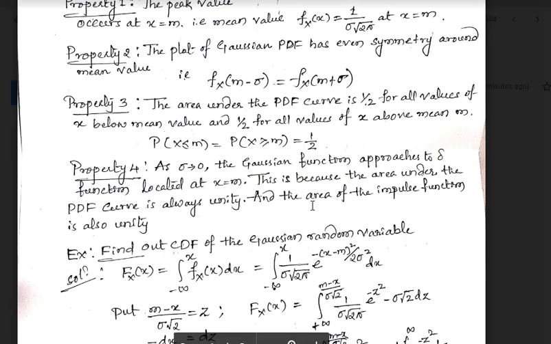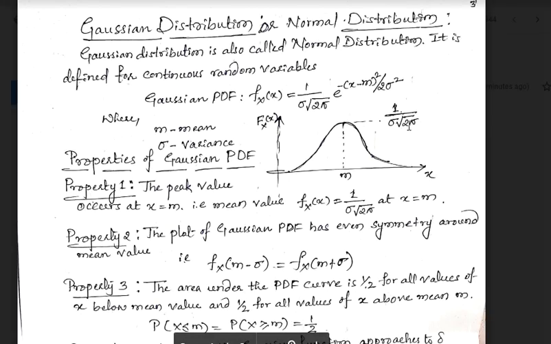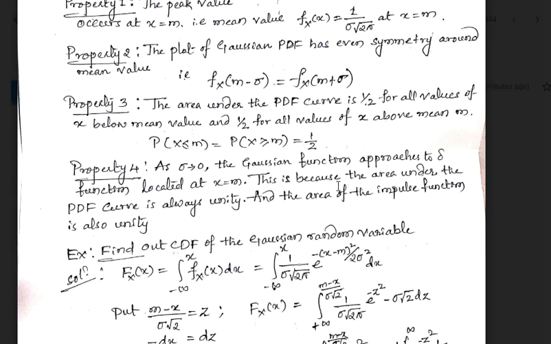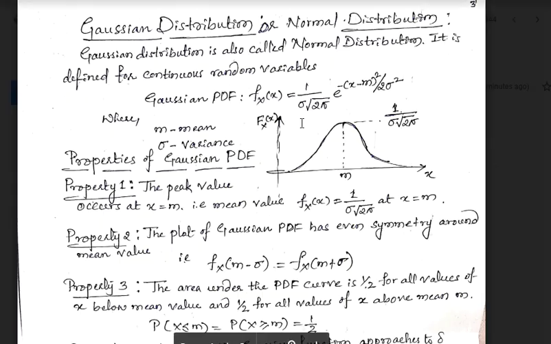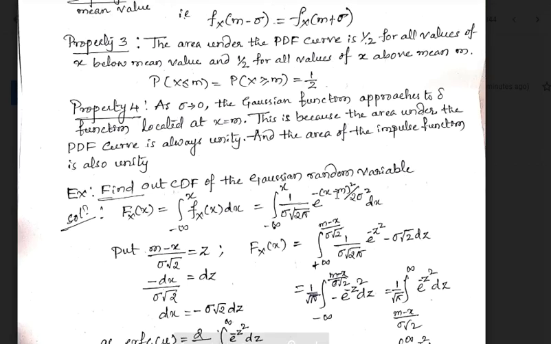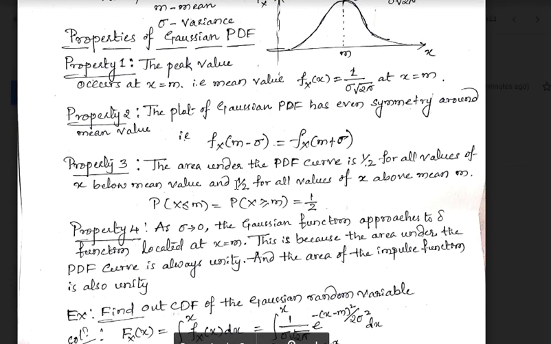So as del tends to 0, the Gaussian function approaches a delta, and the area under this one is always half, because this is half and the rest is half, which makes it 1. So it is assumed to be the impulse function. So this is all regarding those properties.